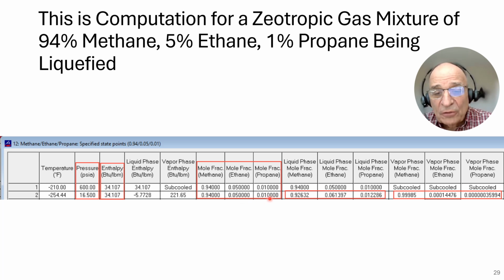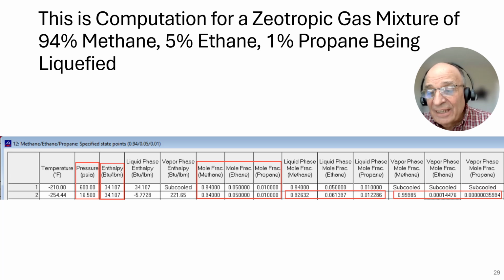The total fluid is going to be 94, 5, 1. That's the same as it went in. However, if I look at the liquid portion, initially when it's at 600 psi, it's 94%, 5%, 1% liquid, but now it's 92.6% liquid methane and 6.1% liquid ethane and 1.2% liquid propane. And what is in the vapor?